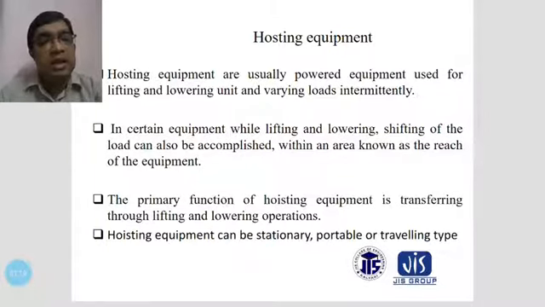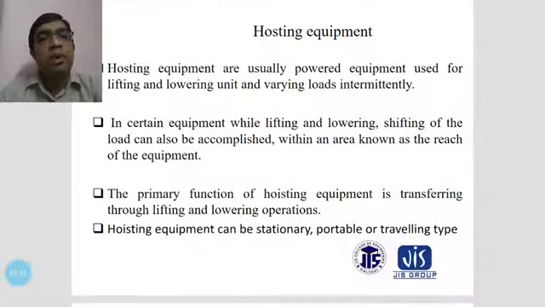And the primary function of hoisting equipment is transferring through lifting and lowering operations. Lifting and lowering operations are done under hanging conditions, and the materials will be transferred. Sometimes different types of materials can be transferred through ropeway systems and also bucket conveyor systems.